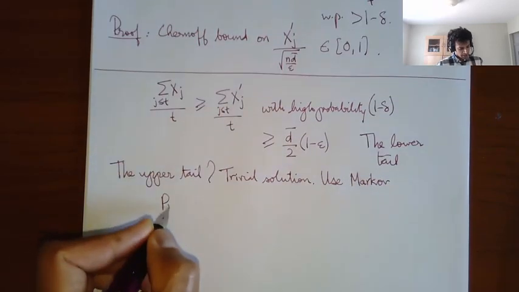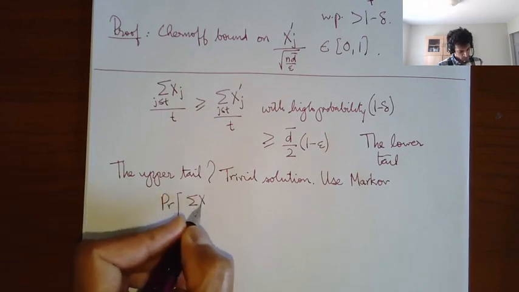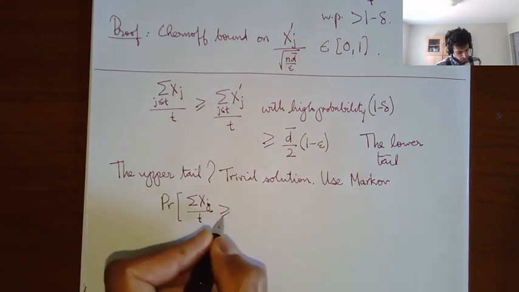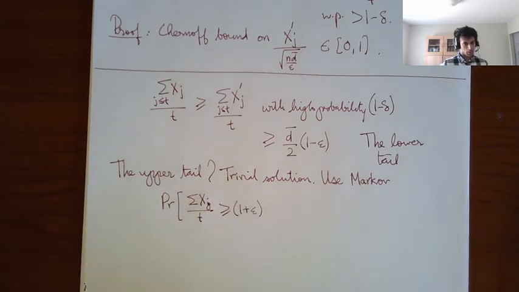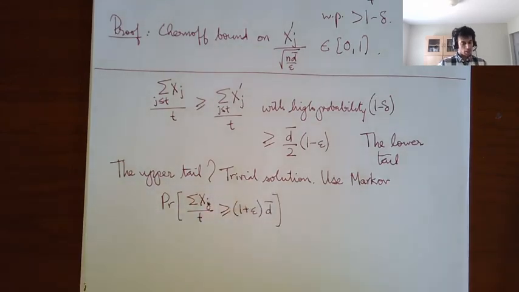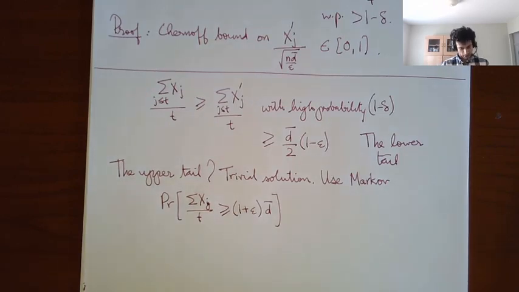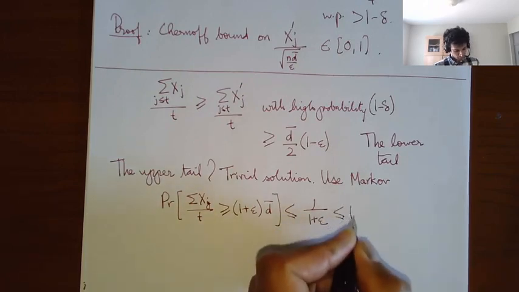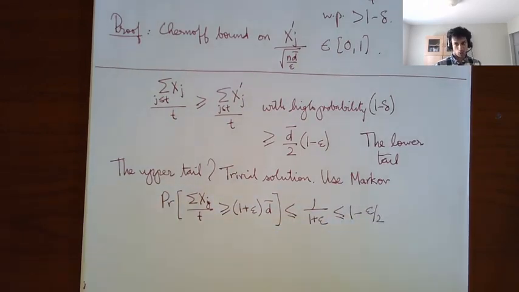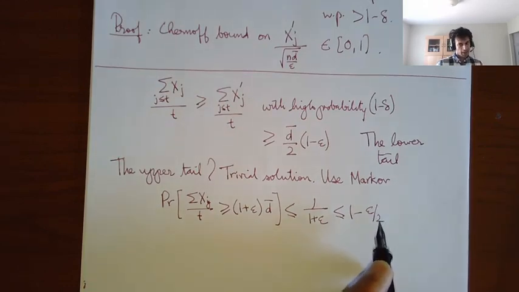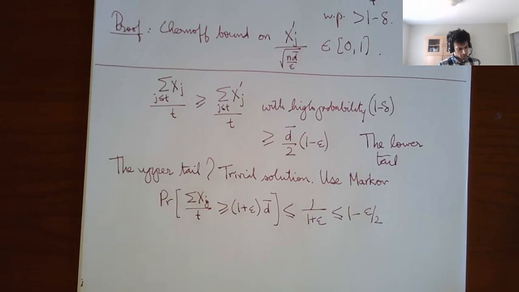And so what you could simply say is the probability that xj divided by t is more than 1 plus epsilon times the expectation is at most this, which is less than 1 minus epsilon over 2. This is a very weak upper tail bound. It just says that with some tiny probability, which is just epsilon over 2, the answer will be accurate.